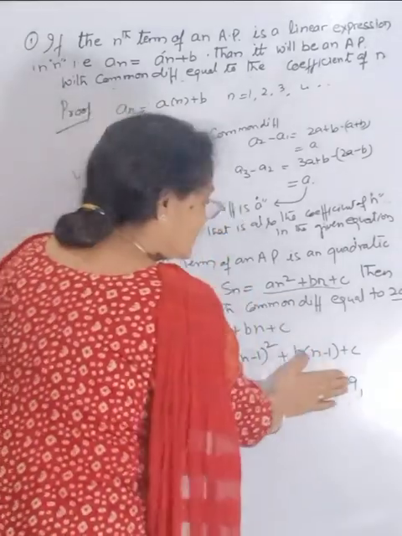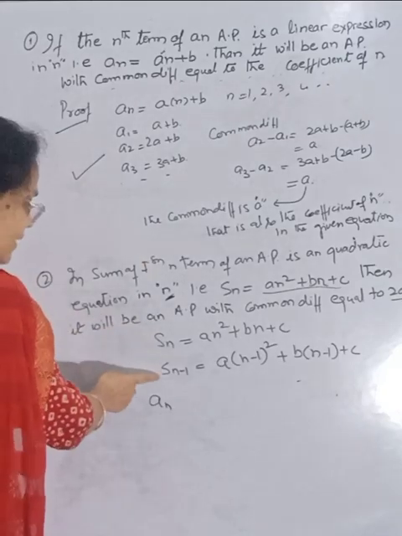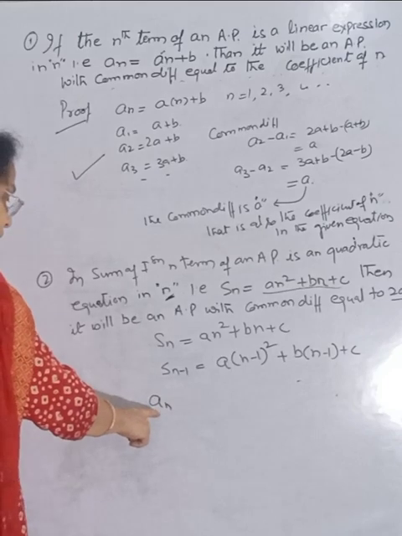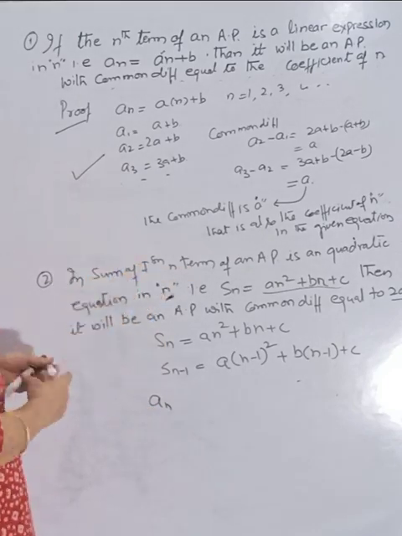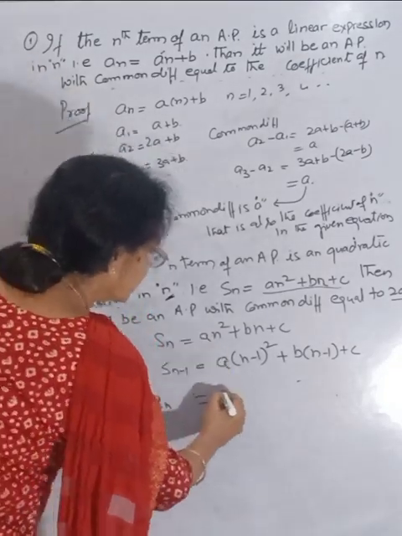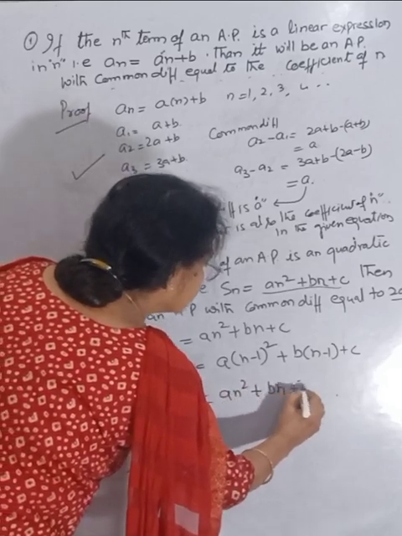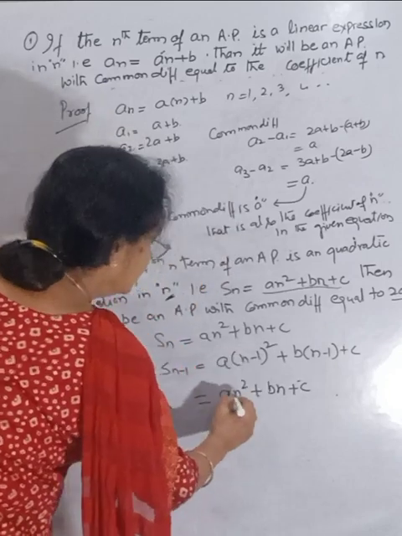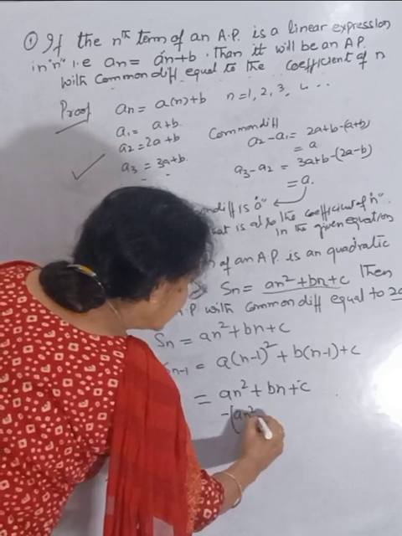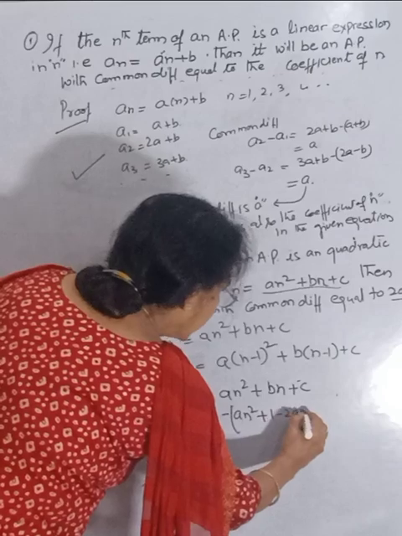In the same way, summary up to the nth terms minus summary up to the n minus 1th term, it means it is the nth term itself. This will be equal to a n square plus b into n plus c minus इसका होल स्क्वायर खोलेंगे a n square plus 1 minus 2 a n.